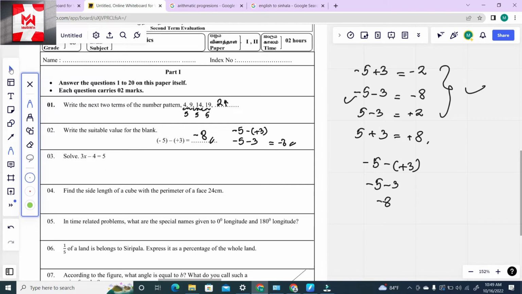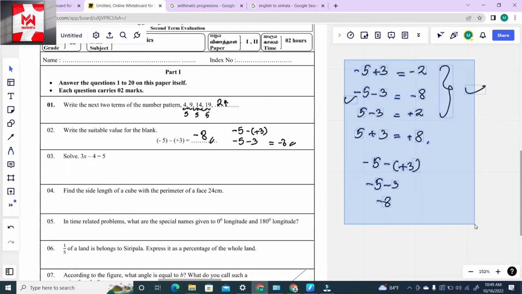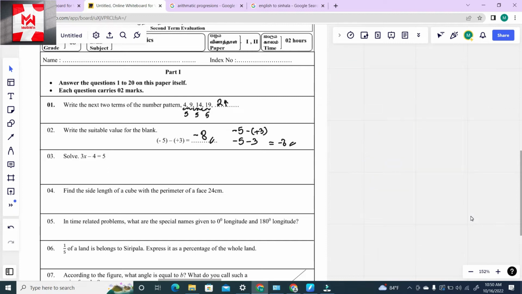Now the third one, we want to find the solution of 3x minus 4 is equal to 5. That means what is the number we have to put for x to get the answer 5. So you have to bring everything to the other side, leaving the unknown value. Here 3x minus 4 is 5. I will bring this minus 4 to the other side.